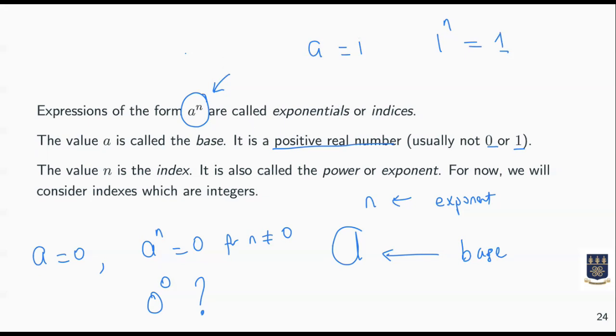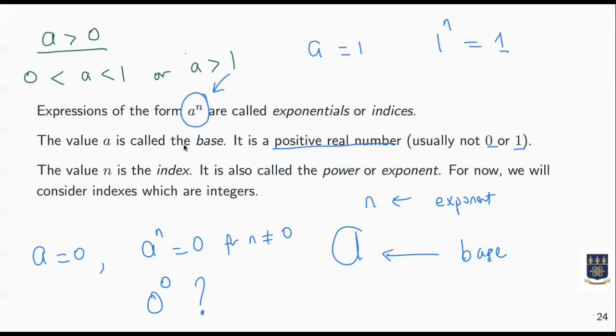Now, the important thing about positive real numbers is that we're saying that the base a is greater than 0, which means there were two possible cases. You could have the base being a fraction between 0 and 1, or you could have the base being bigger than 1. And what happens to the exponential depends on the value of the base.